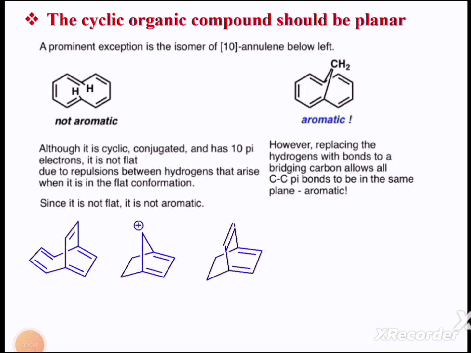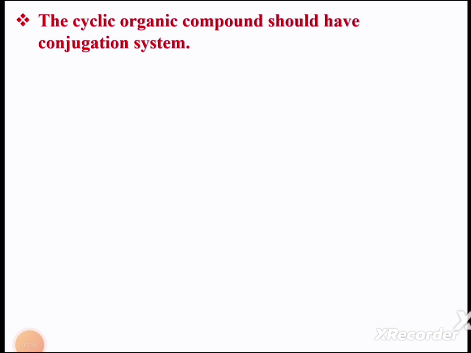Coming to the next condition, the cyclic organic compound should have a conjugation system. This organic compound should have double bond, single bond, double bond, single bond. So double bonds and single bonds should be in alternate positions in a cyclic ring. So this benzene is in a conjugation system.